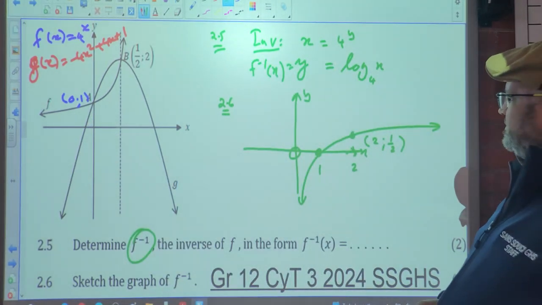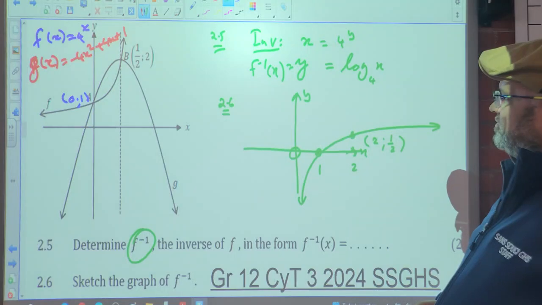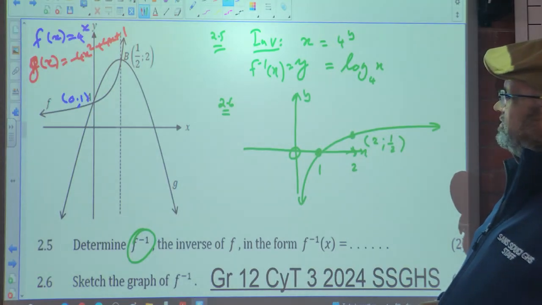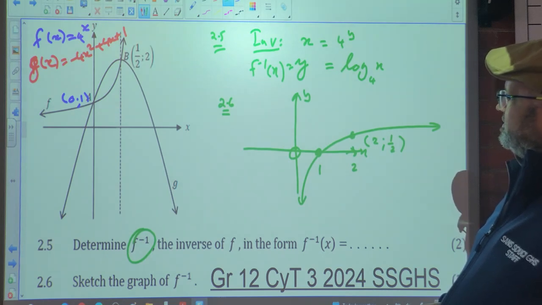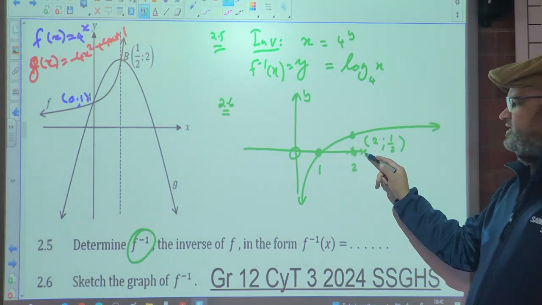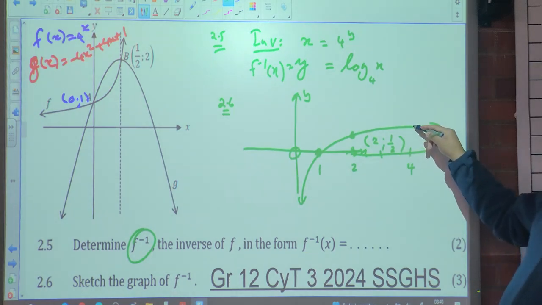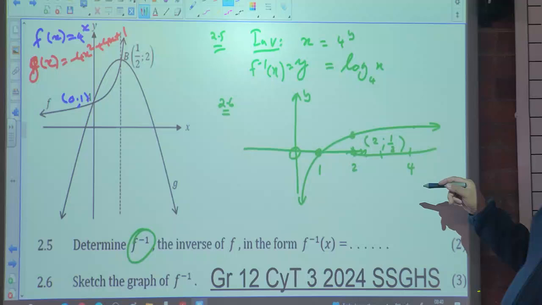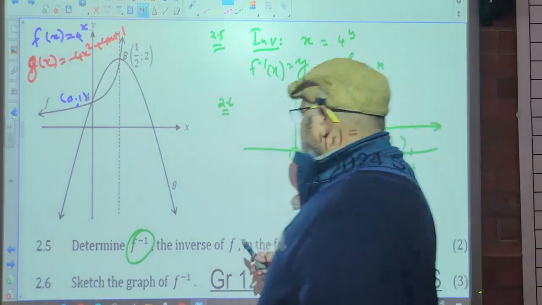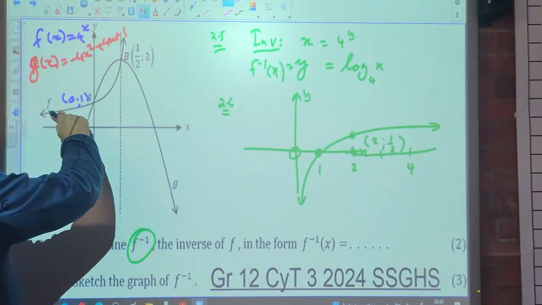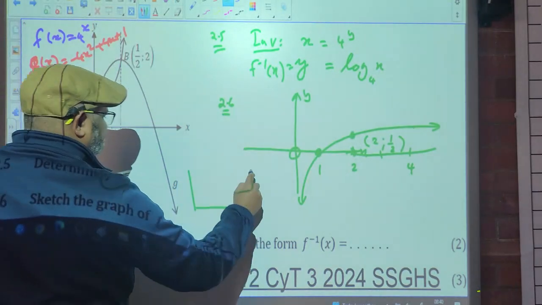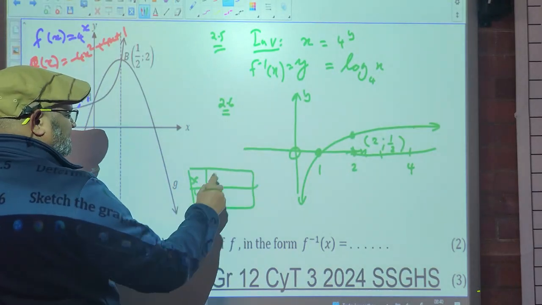Not 2 and 1, but 4 and 1. If I extend this here to 4, then I will get 4 and 1. If you're going to use a table, there's x and y.